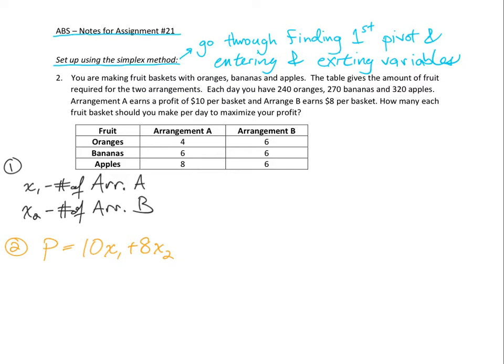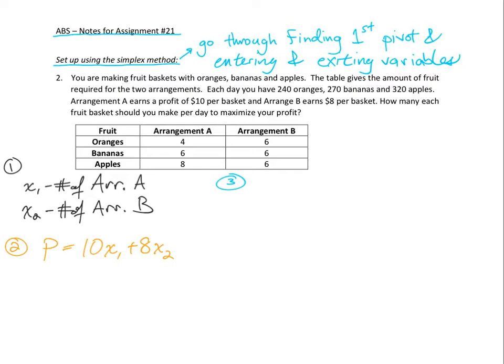The third thing that needs to happen here then is your inequalities. So the inequalities will be based on these variables here. I don't necessarily see a whole lot of other information in this paragraph, except that we have 240 oranges, 270 bananas, and 320 apples available each day.